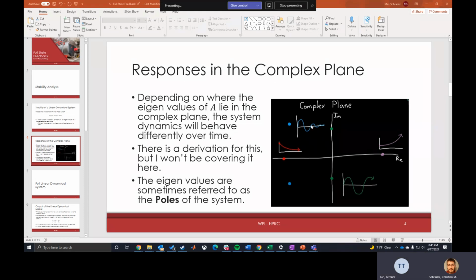For both positive and negative imaginary numbers? Whether or not the imaginary part is positive doesn't matter. All that matters is that the real part is negative. Okay.